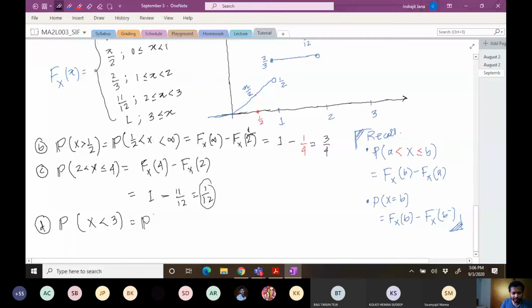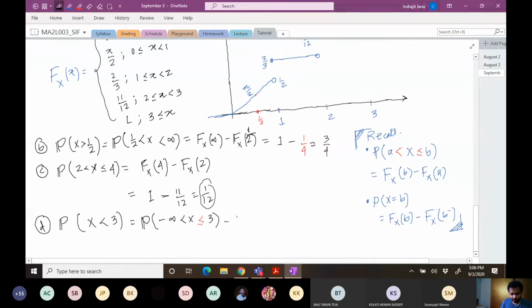I am just going to do this in a direct way, which is negative infinity less than x less than or equal to 3. So I'm putting a less than or equal to here, which means it was originally strictly less than. I'm including the point 3, because I want to match up with this formula, but to do that I have to adjust this.